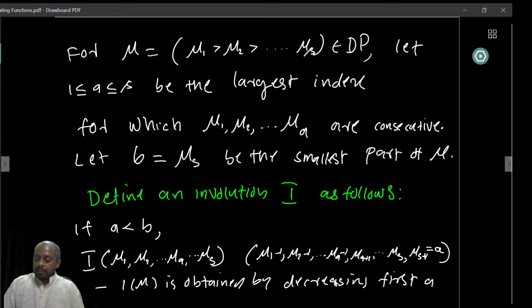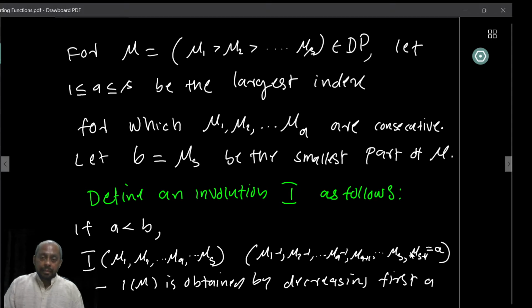Now because A is strictly less than B, this A is less than mu S. So therefore this is decreasing again. Because mu A plus 1, for example, is strictly less than mu A by at least 2, this will still be decreasing.